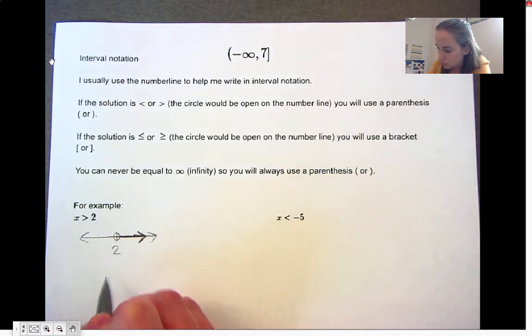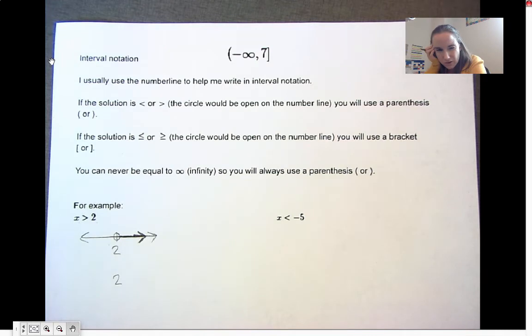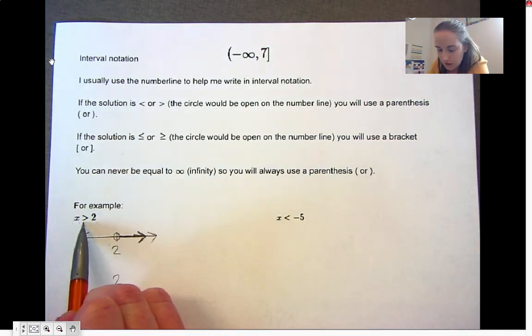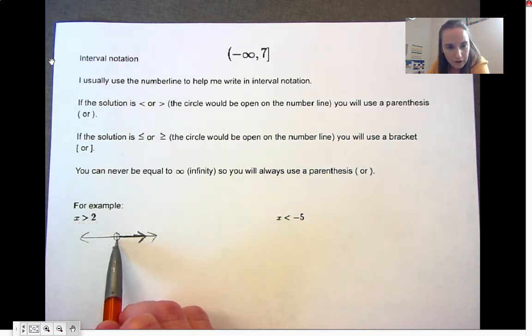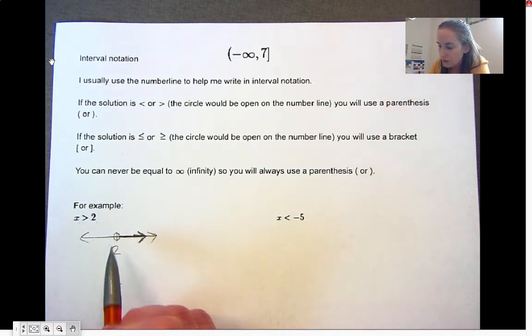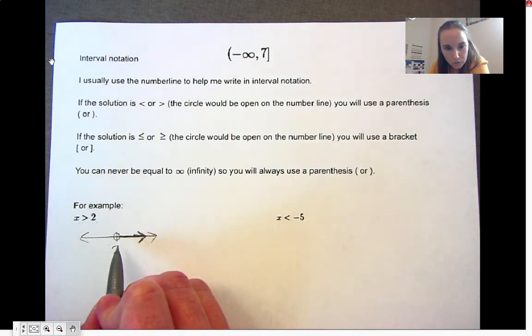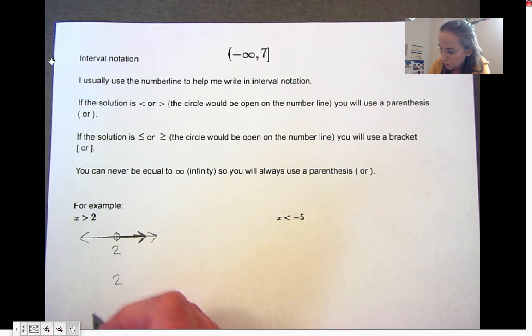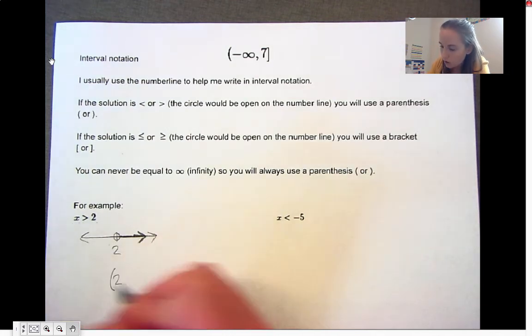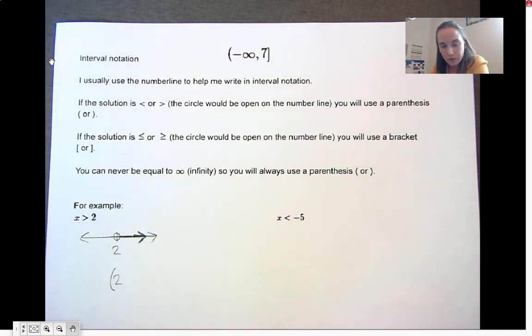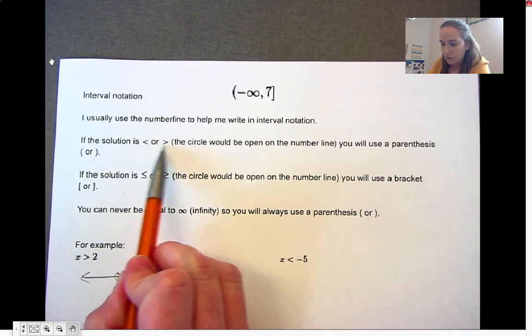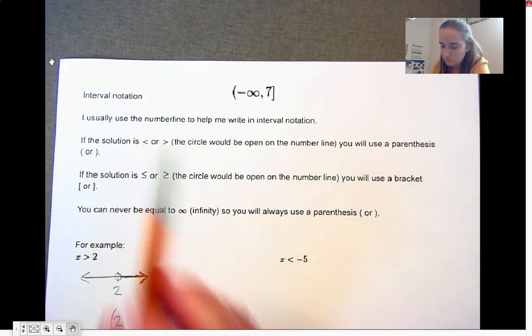So I start at 2 and then I ask myself, well, can I be equal to 2? And this right here says no because there's no equal to. And also my open dot clearly shows that there's no equal because it's not colored in. Since it's not equal to at that point, I have to give it a parentheses because I have to follow these instructions here.